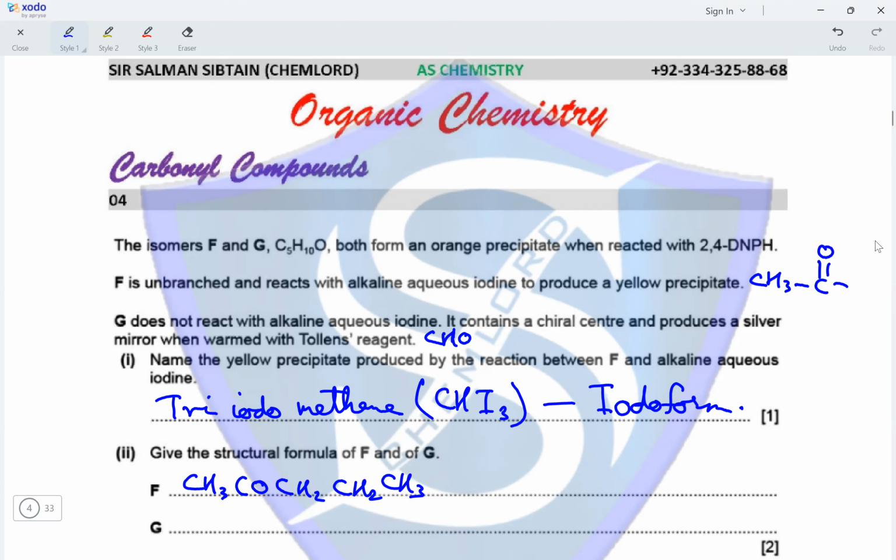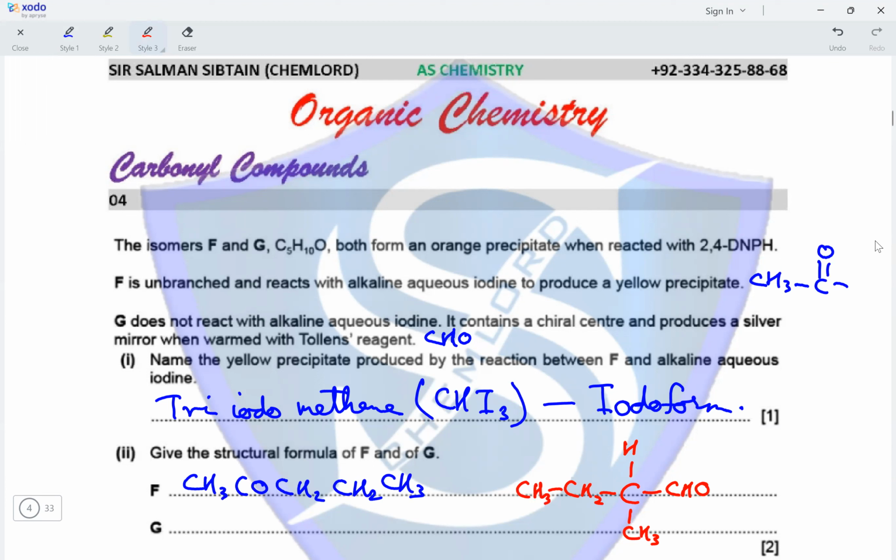G is an aldehyde with a chiral center and 5 carbon atoms. To make a chiral center, we can have a carbon atom with a CHO group on one end, a hydrogen, a CH3, and the remaining 2 carbon atoms, a CH2 and a CH3.